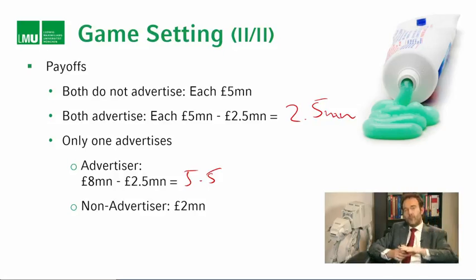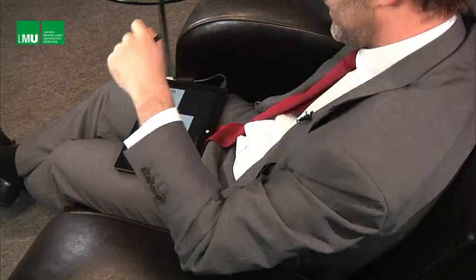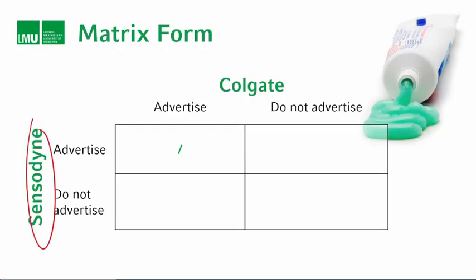So with these pieces of information, we know what the players are, the strategies or the actions, we know what the rules of the game are, and we know what the payoffs are. We can then go ahead and try to draw this as a matrix. Okay, so the matrix is going to tell us here the players, that's Sensodyne and Colgate.